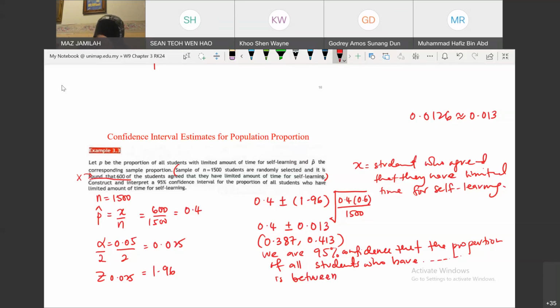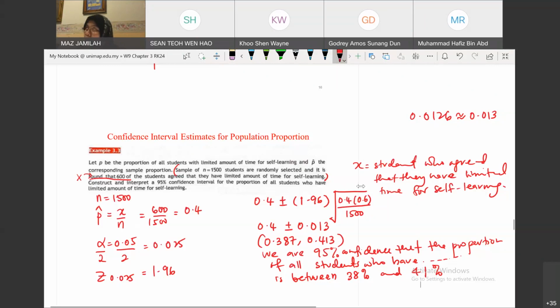Let's say we follow the percentage. So you will get 38% and 41%, not 42. Okay, 41. That's how we do the proportion.